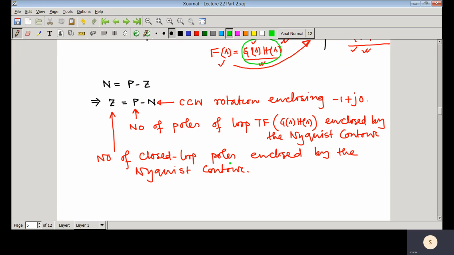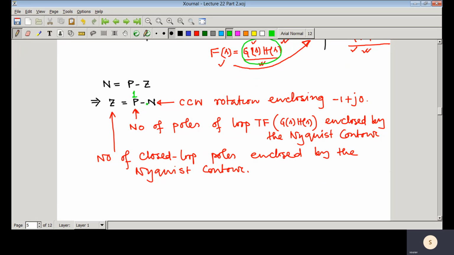So now interestingly, suppose the number of poles in the right half of the S plane, enclosed by that Nyquist contour, is 1.